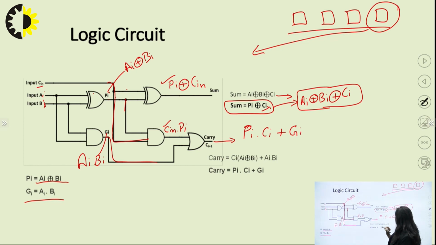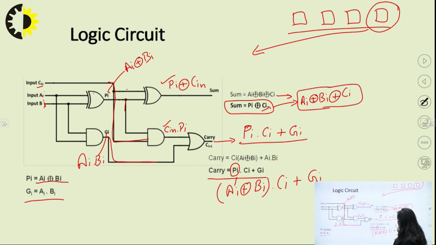Okay, now we have the final carry value. This is the same over here, and again we have the value of Pi. So what is Pi? Pi is nothing but Ai XOR Bi, which is ANDed with Ci, plus Gi. What is Gi? Gi again has some value.